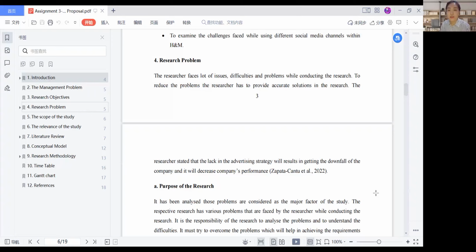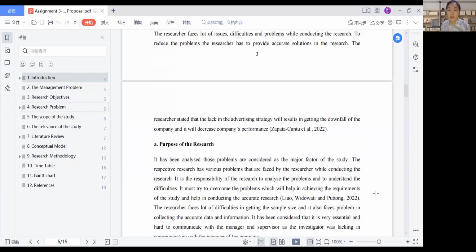What is the influence of developing marketing competition with the integration of the social media channel on the performance of H&M? What are the different challenges that are faced by the H&M company while using different social media marketing?